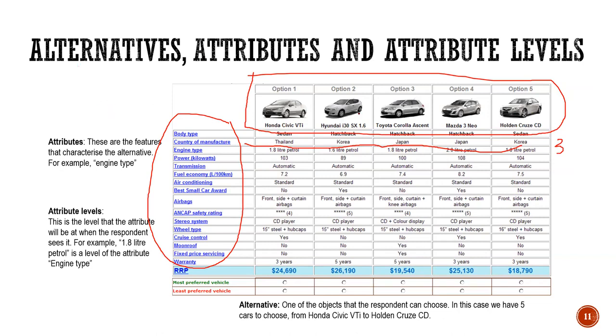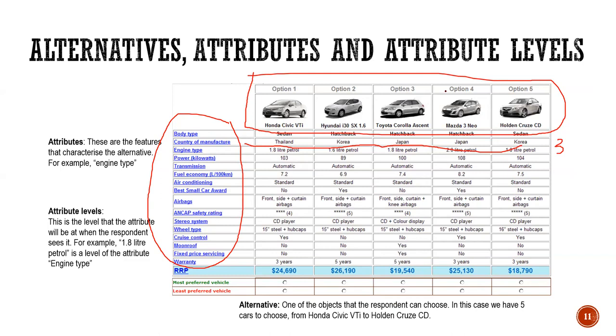So in the experiments, you will notice that all these alternatives are given to the consumer. These are the levels that have been chosen in this particular design for these attributes, and the consumer is asked to choose from all of these options their most preferred option and their least preferred option. So that is the difference here from conjoint.